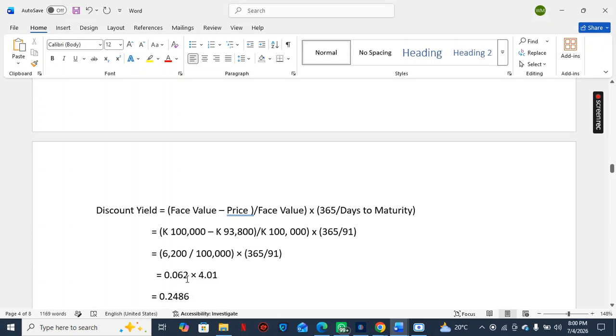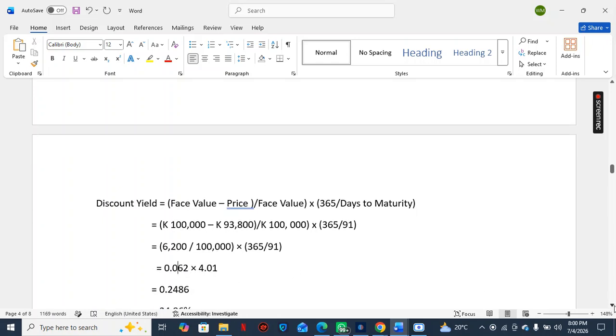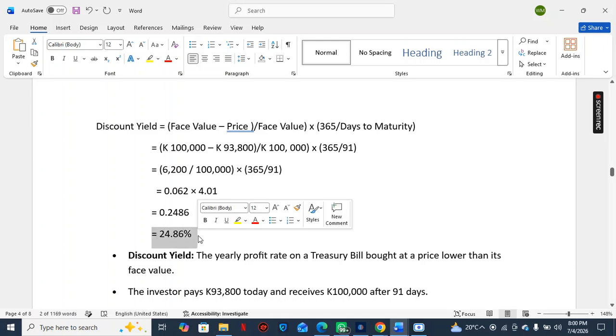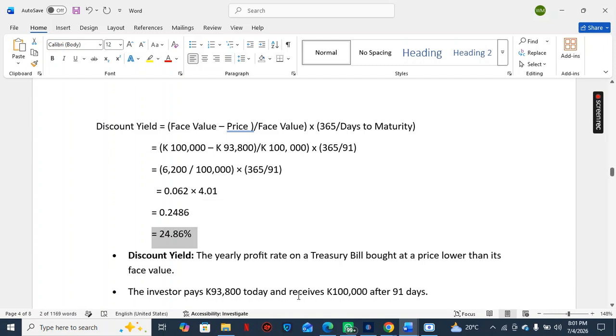So 0.062 multiplied by 4.01, that is 0.2486. Okay, so the discount yield is 24.86%. So this is the return that you're getting on this security at a discount.